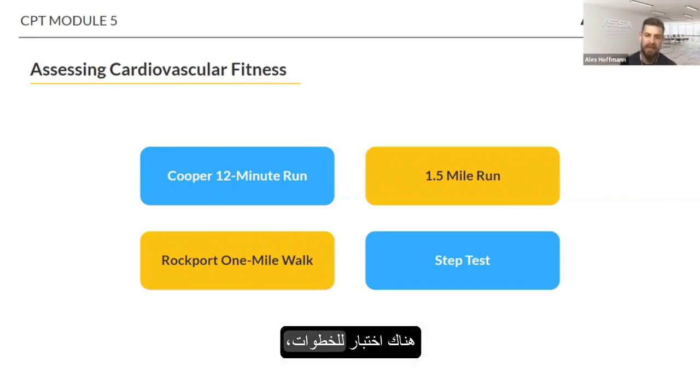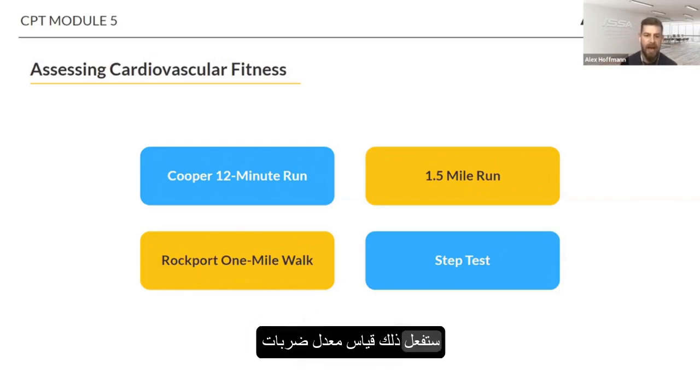Lastly, there's a step test, which is either a 5-minute assessment or a 3-minute assessment. If the client is elderly or deconditioned, you use a 12-inch step with this. You have the client step up and down on the box at a tempo of 96 beats per minute. You would use a metronome for this.